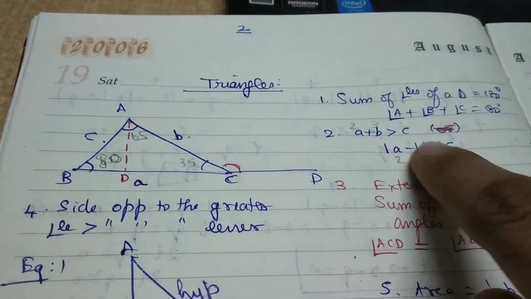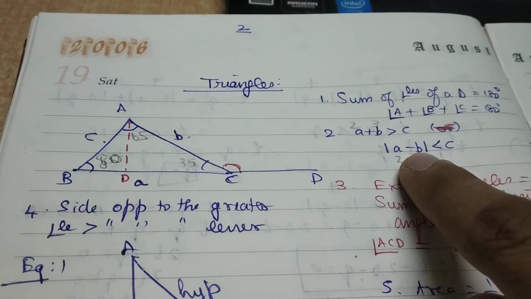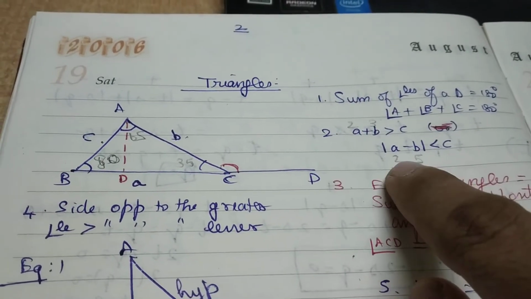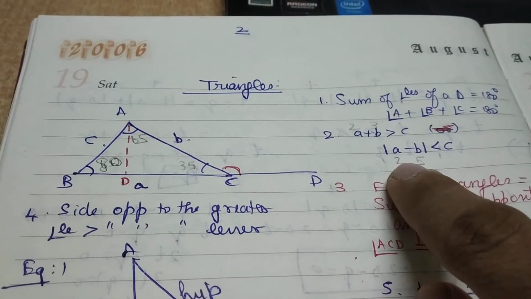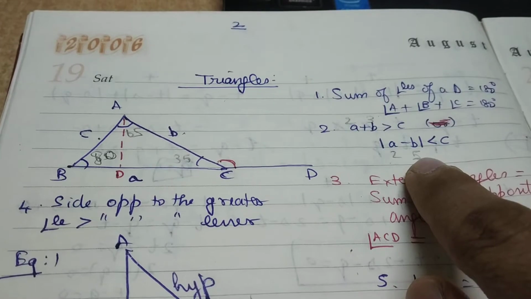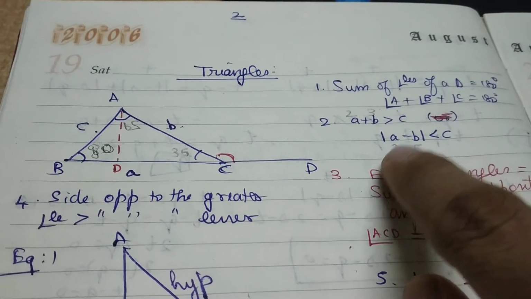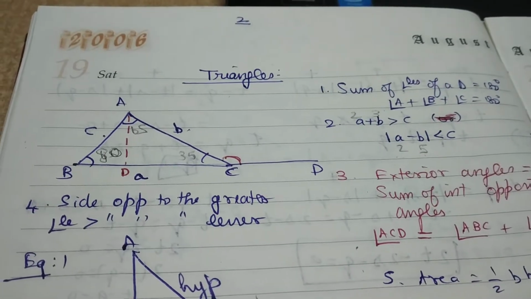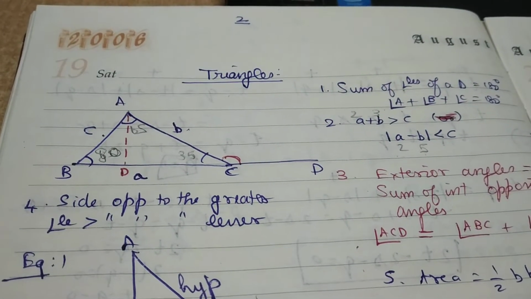Here I used a symbol called modulus. You can easily see why I used the modulus symbol here, because if side a is 2 cm and side b is 5 cm, then the difference will be 2 minus 5, which is minus 3. Always the measurement will not be a negative quantity.